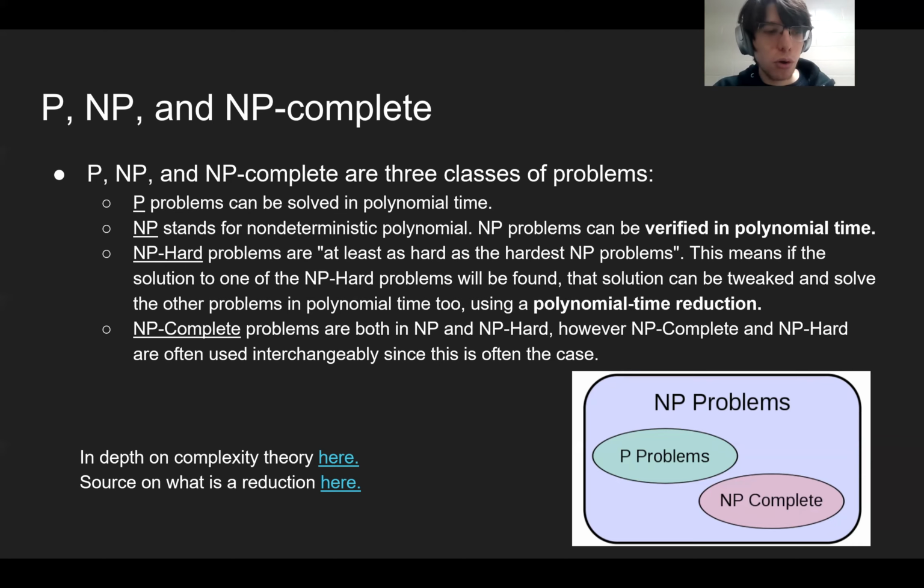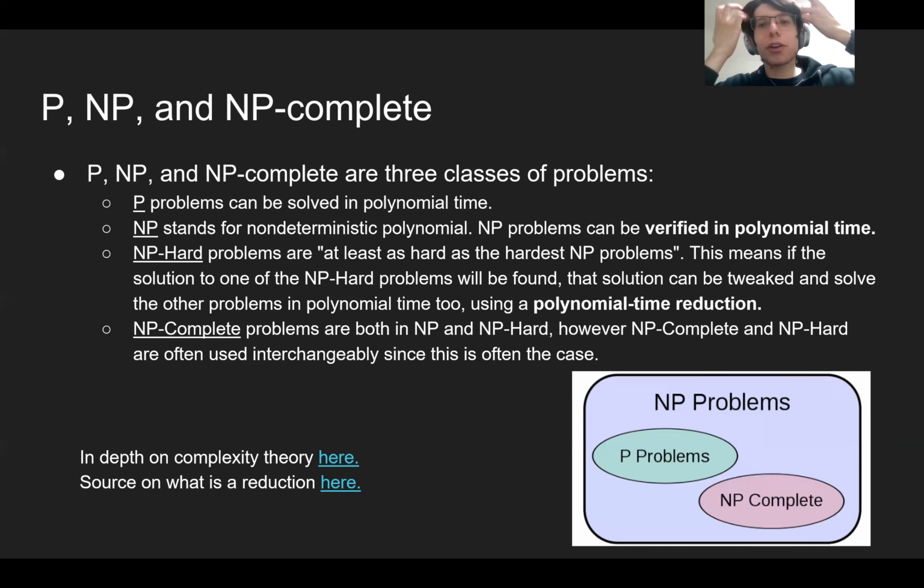For example, if I give you the output of a traversal, you can definitely check in polynomial time that it's a valid traversal. If I give you the nodes, you can trace along them and confirm that it's valid. So verification in polynomial time is the set NP, non-deterministic polynomial.